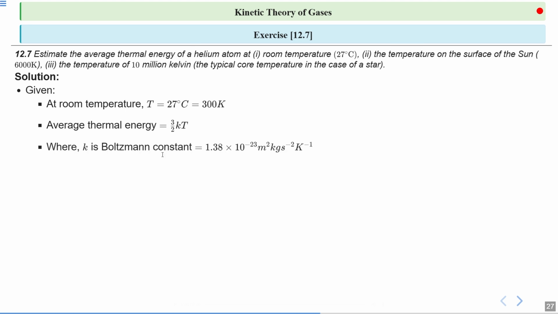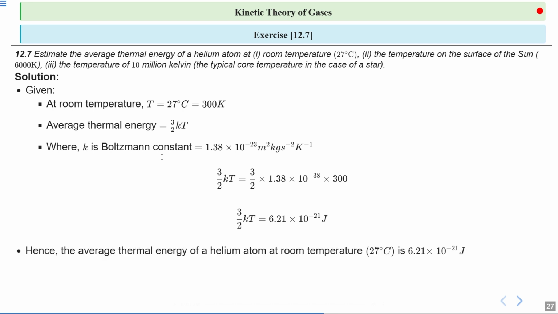So after performing the calculation, we find that the average thermal energy is 6.21 into 10 raised to the power minus 21 joule. Hence the average thermal energy of a helium atom at room temperature is 6.21 into 10 raised to the power minus 21 joule.